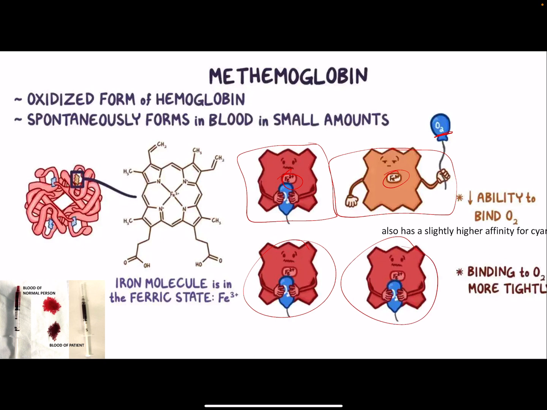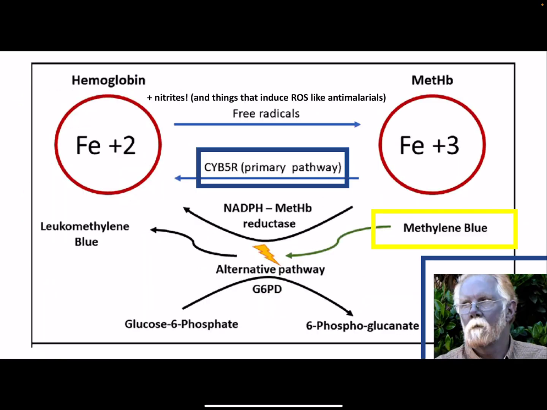So I guess the specific effects might depend on the extent of the methemoglobinemia. The blood becomes brownish. That can be diagnostic. And I would also note that the oxidized iron heme group has a slightly higher affinity for cyanide, which will come back into play in a second.